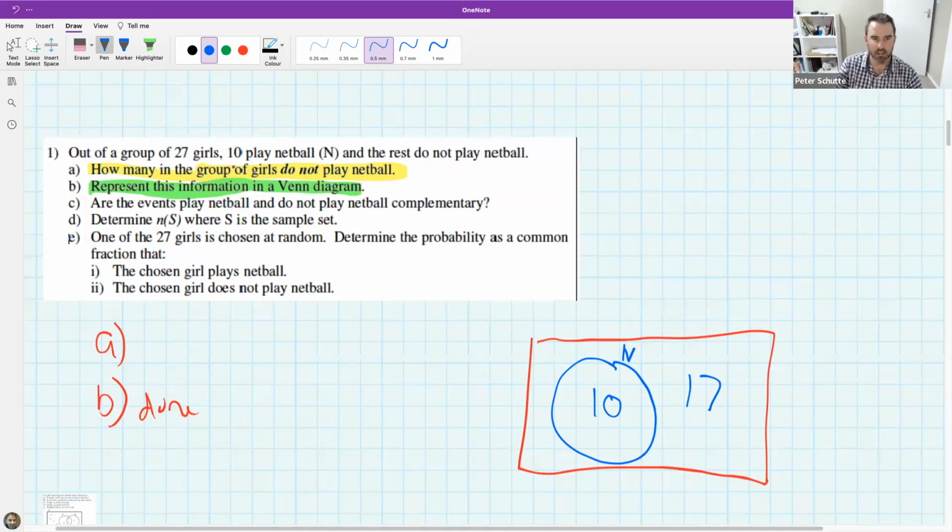And how many in the group of girls do not play netball? Well, 10 play netball. So what we call out here, this would just be N dash, and 17 do not play netball.